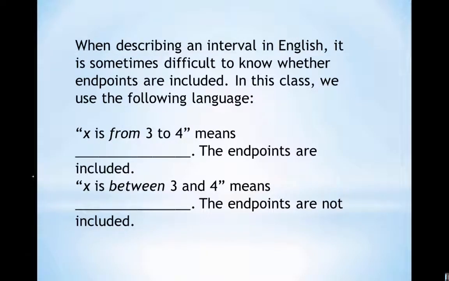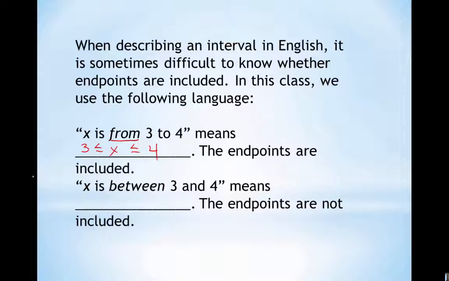All right. When describing an interval in English, it is sometimes difficult to know whether the endpoints are included. So in this class, we will use the following language. If we say x is from 3 to 4, that's the same thing as saying 3 less than or equal to x less than or equal to 4. It's including 3 and 4.